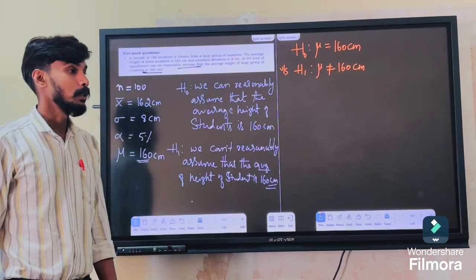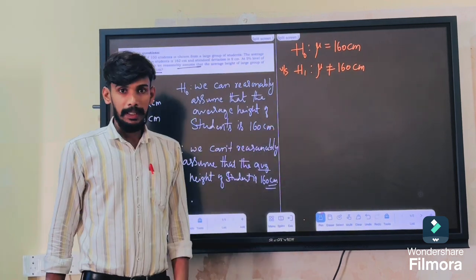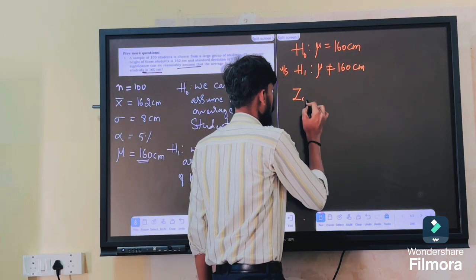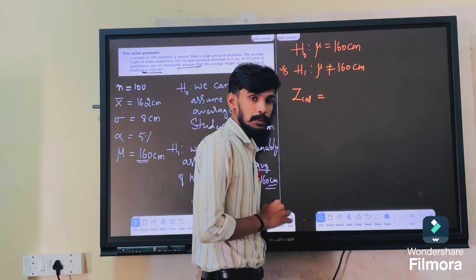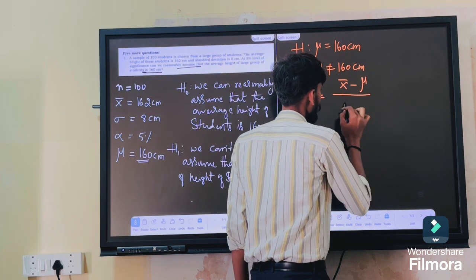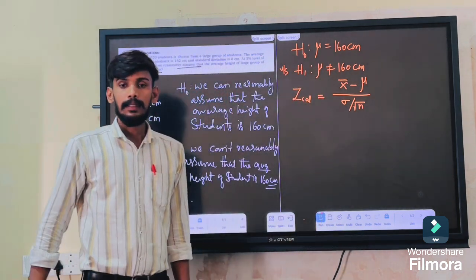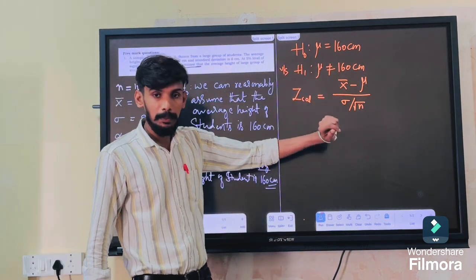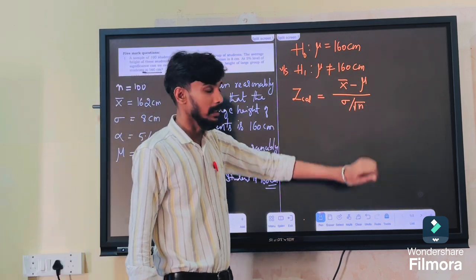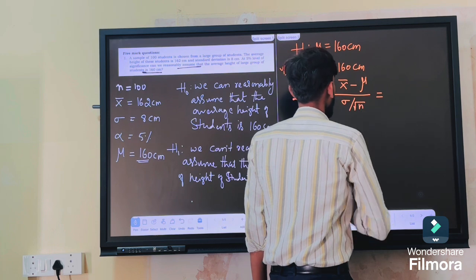Then afterwards we should know the formula. The second part is we have to calculate the value given by Z calculated equal to x bar minus mu divided by sigma by root n. Here x bar is the sample mean, mu is the population mean, sigma is the standard deviation, and n is the sample size we have taken. Let us substitute the given values.